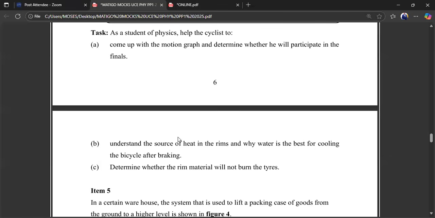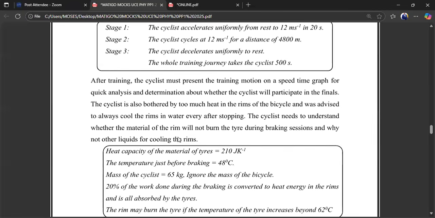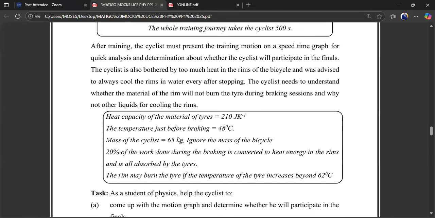Now, we go back to the question. They are saying the heat capacity of the material of the tires is 210 joules per Kelvin. The temperature just before braking was 48 degrees. Mass of the cyclist is 65 kg. Ignore the mass of the bicycle.